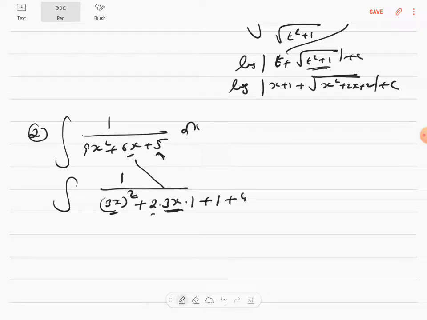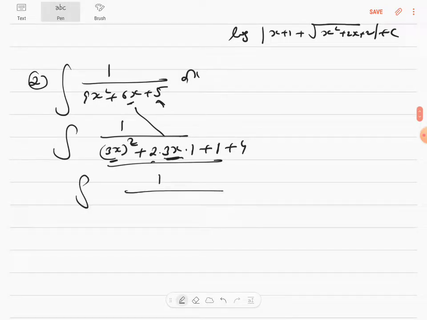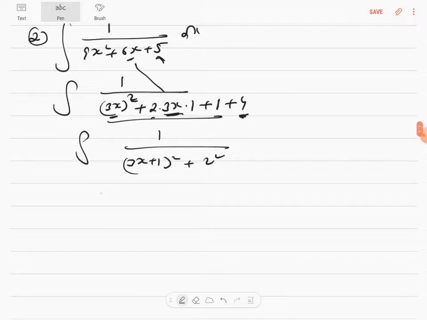So I can write this as 3x plus 1 the whole square plus 2 square, this 4 becomes 2 square, and there is no root here. When there is no root, and this is 3x plus 1 as t, 3 into dx as dt, so dx becomes dt by 3.